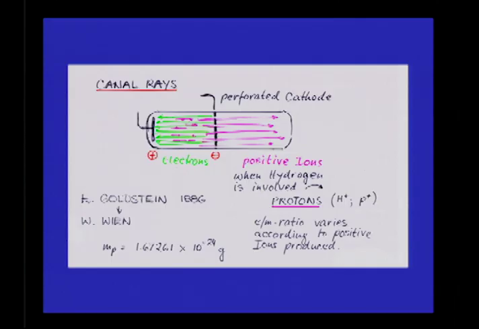Now, let's talk about the next interesting phenomenon, the properties of the cathode rays as a particle, because the cathode rays can be considered to have particle characteristics and wave characteristics.